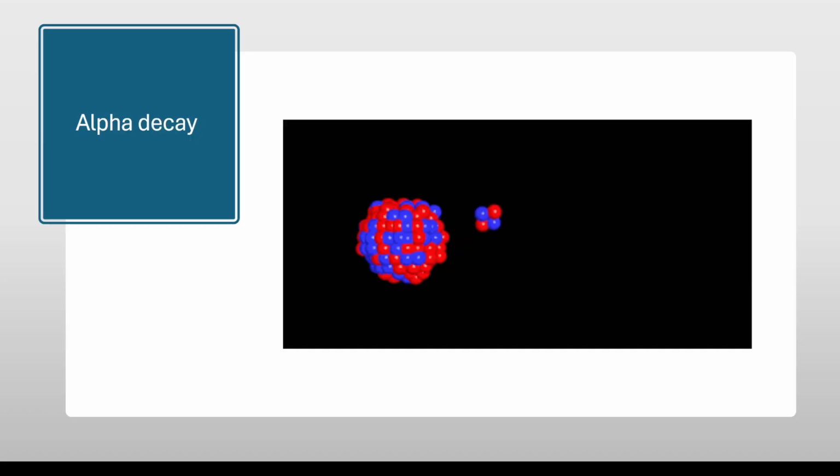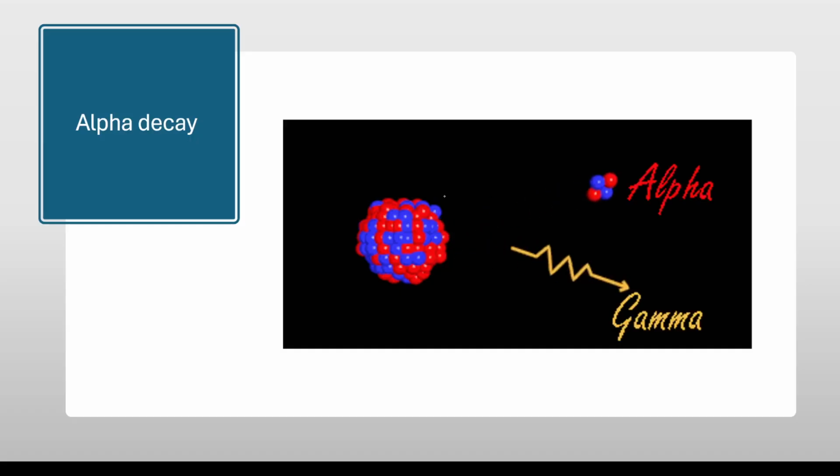In alpha decay, when the nucleus has emitted an alpha particle, it goes into an excited state. So the nucleus, after emitting beta minus, beta plus, or an alpha particle, goes into an excited energy state. And then it comes back to the lower energy state by emitting energy in the form of gamma radiation.